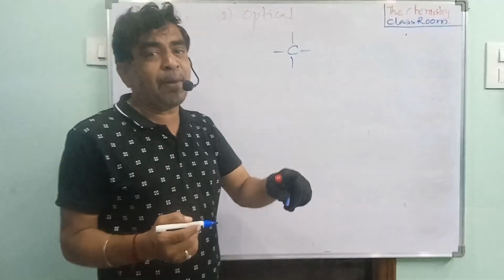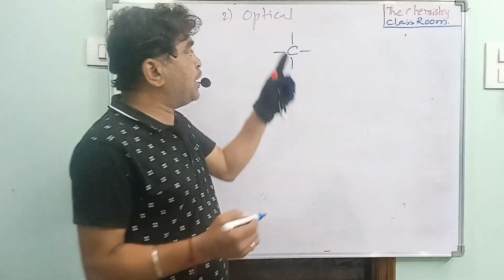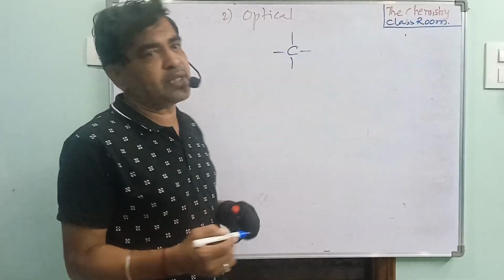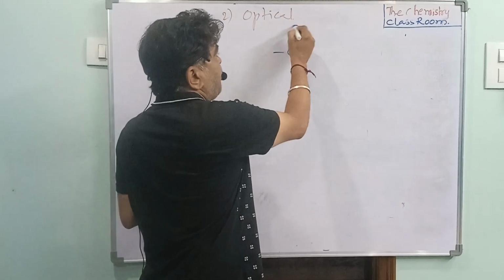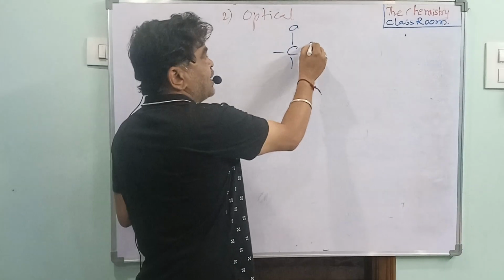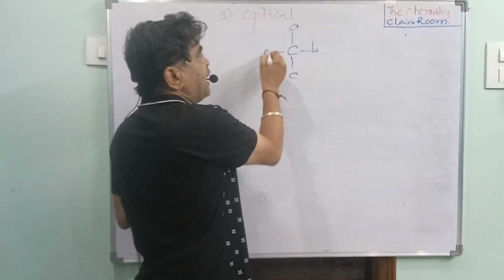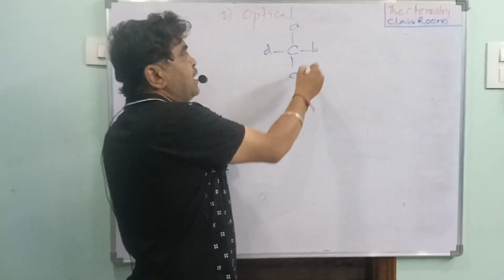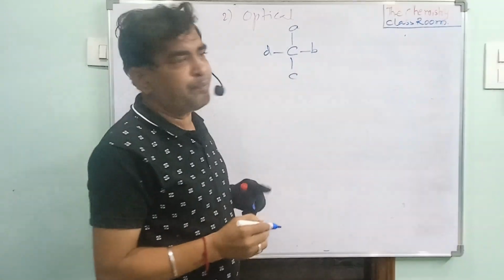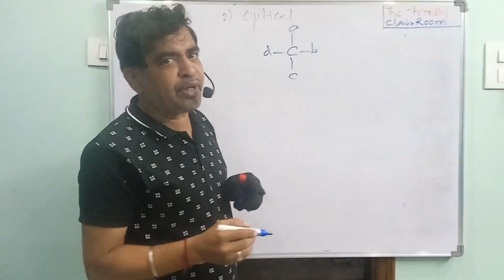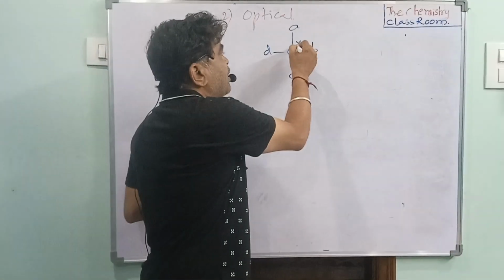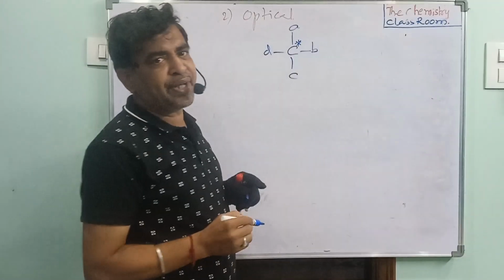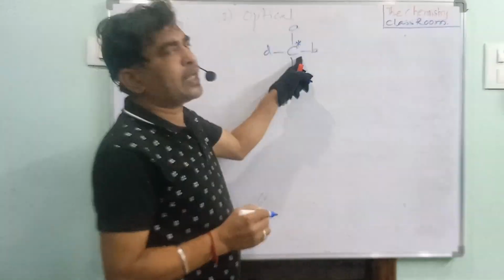For example, one atom is A, another is B, then C, and D. The four atoms are different, so this carbon, marked with a star, is a chiral carbon.